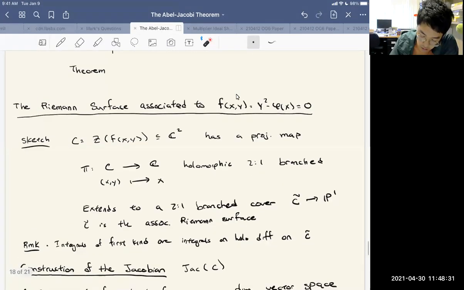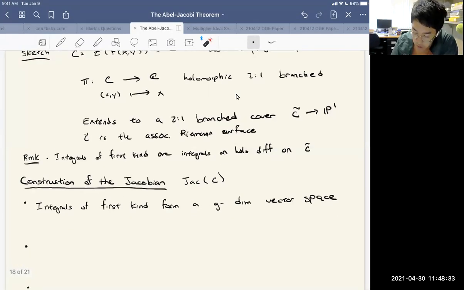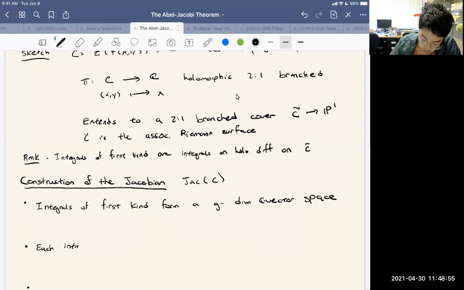So the integrals, which are finite everywhere, form a g-dimensional vector space. You can think about this as the holomorphic differentials on a Riemann surface of genus g forming a g-dimensional complex vector space.